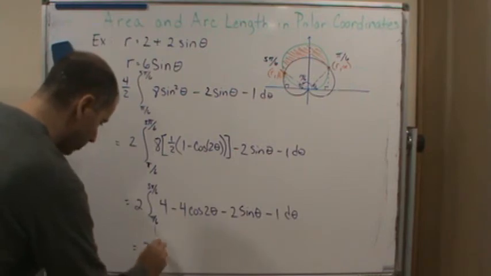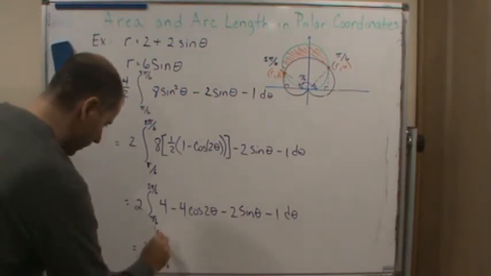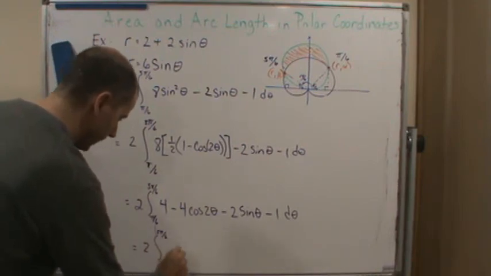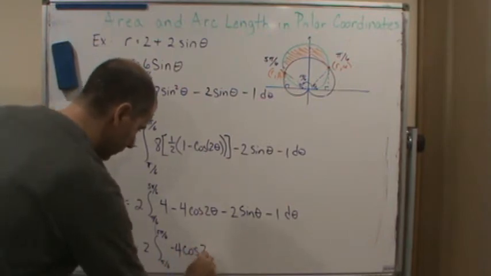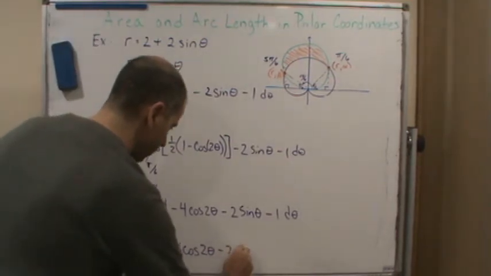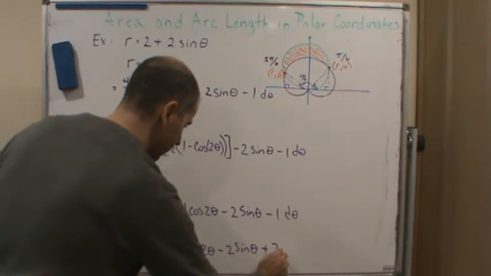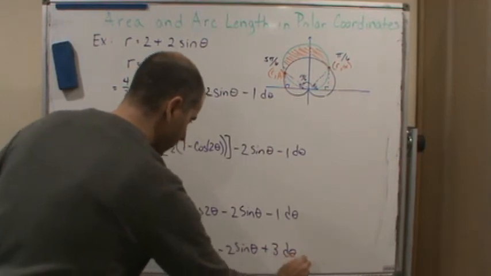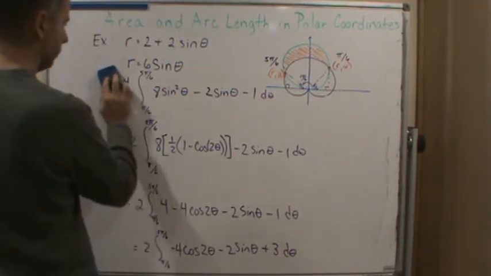It's going to give me 2 times the integral of pi over 6 to 5 pi over 6, and this is going to give me a negative 4 cosine 2 theta minus 2 sine theta plus 3 d theta. And now it's time to integrate.